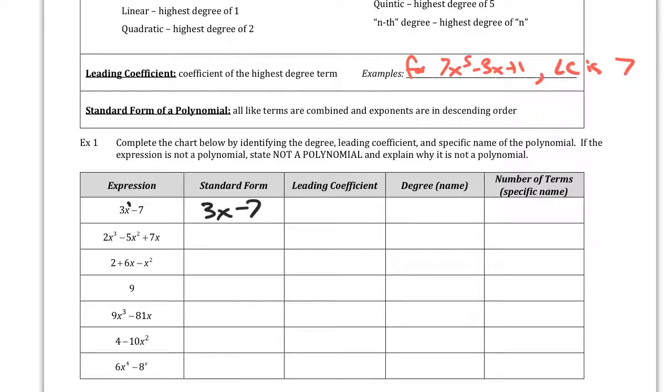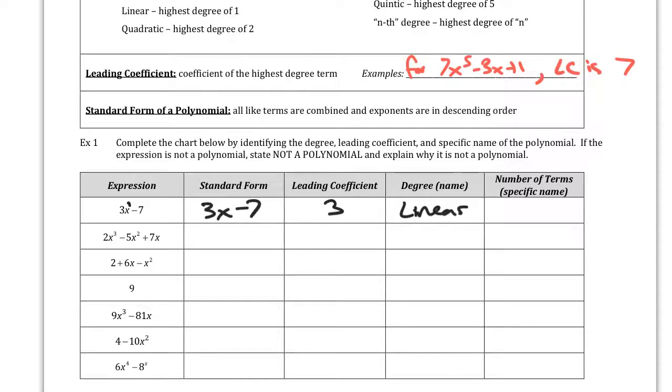Right? The leading coefficient is the number on the biggest exponent. So x to the 1st, so the leading coefficient is 3. The degree, okay, since the exponent is 1, we say the degree is linear. We got that from up here.